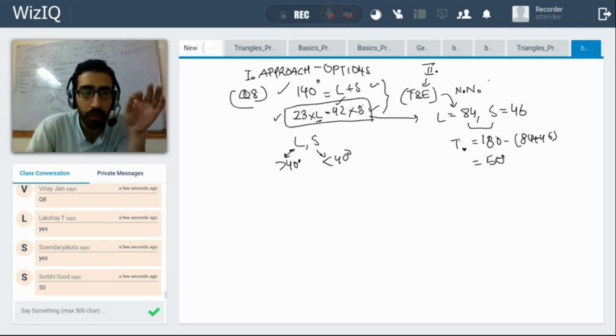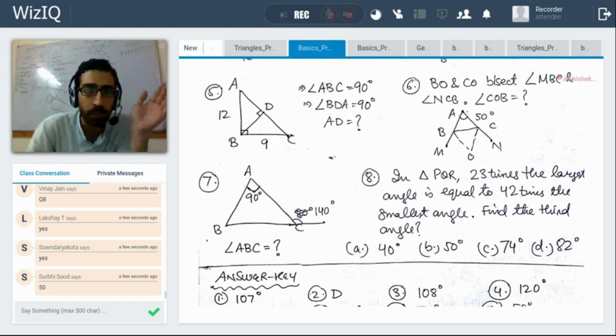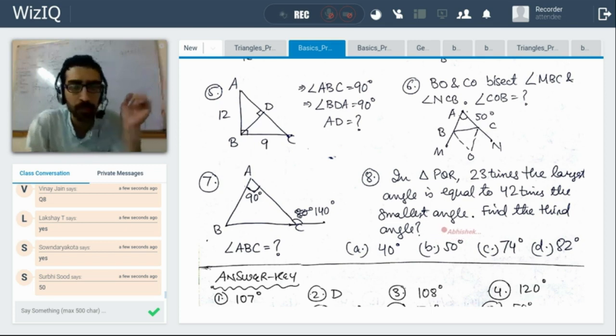Now, purely on the basis of the values that we have, the smallest angle is indeed less than the third angle, 46 is less than 50. The largest angle is, of course, more than 50. So their order is correct. Let's now look at the options. Do we have 50 as one of the options? We do. So option B must be the right answer.